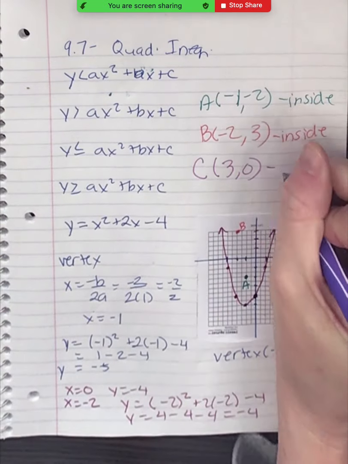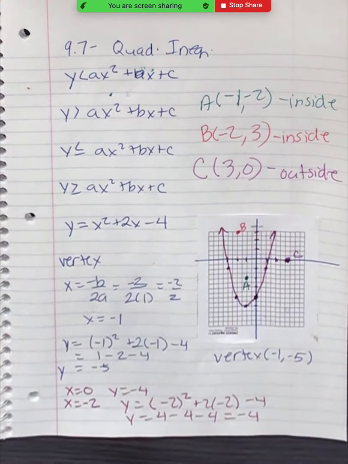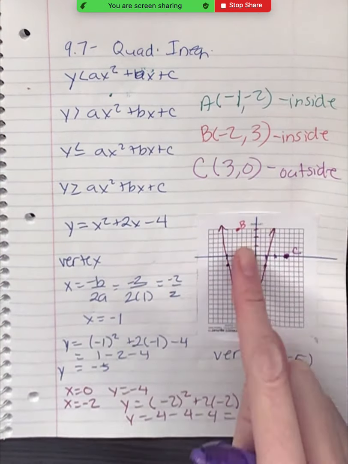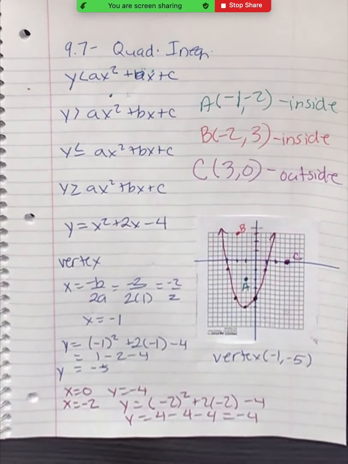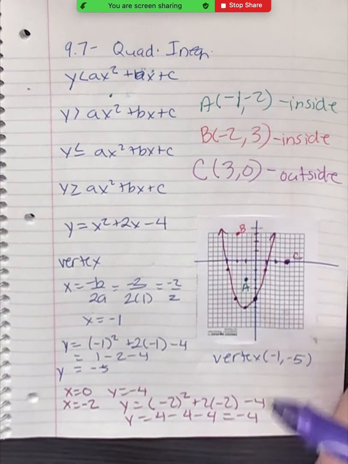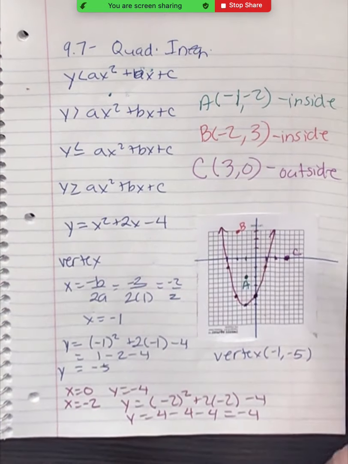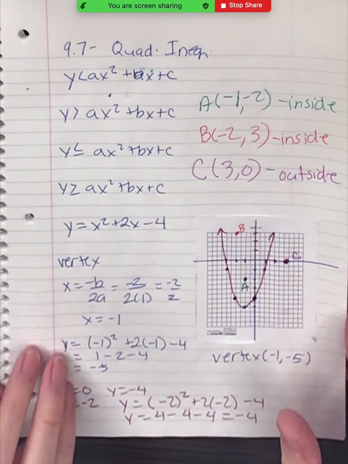So C is on the outside of your parabola, okay? So you graph it, and then you find out that there are points inside, which are in between, and points outside, which are on the outside of the parabola, okay? So this is going to help us because you're deciding inside versus outside when you have to shade the quadratic equation for the inequality part, okay?